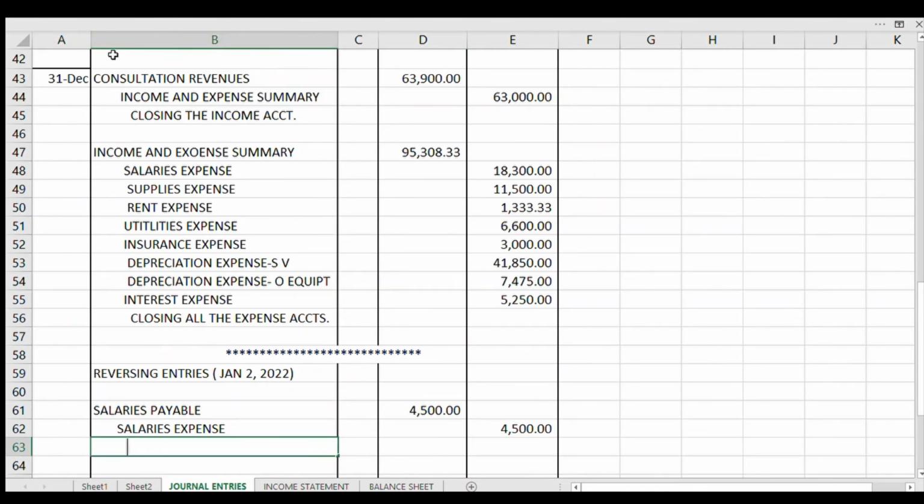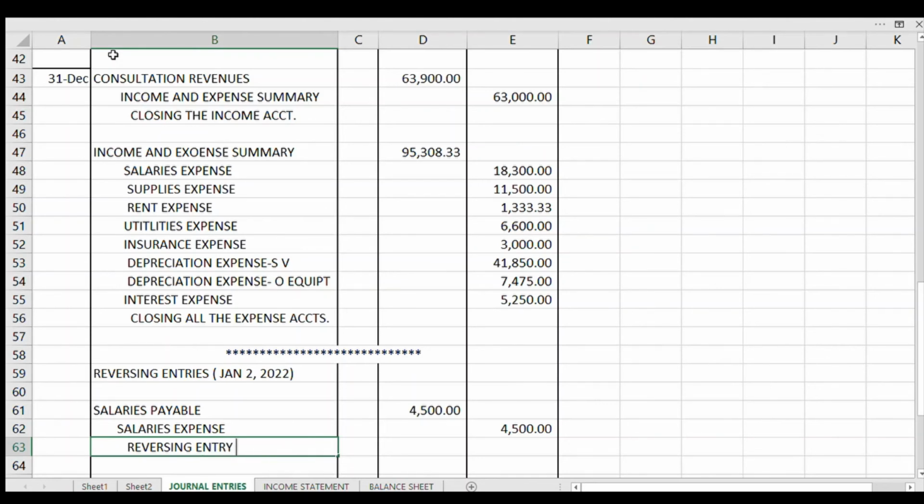This is being done in the very first days of the coming year. So this is what we call the reversing entry.